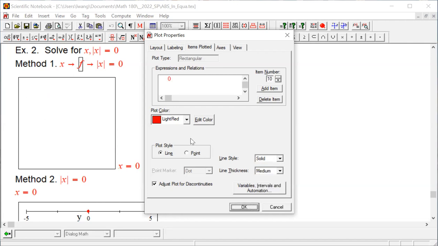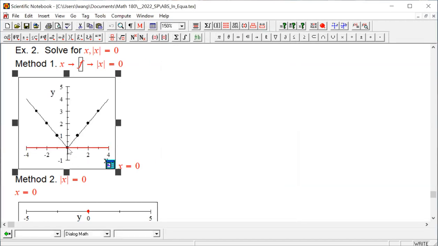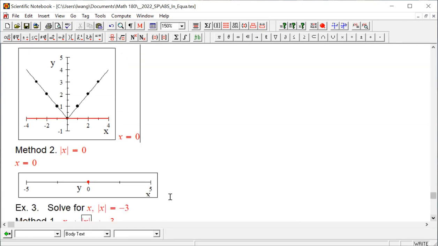This horizontal line crosses the curve once, and that point (0, 0) tells us that when the input is 0, the output is 0, and we have only one solution. Similarly, we can do this on number 9. The distance between 0 and 0 is 0, the meaning of absolute value.